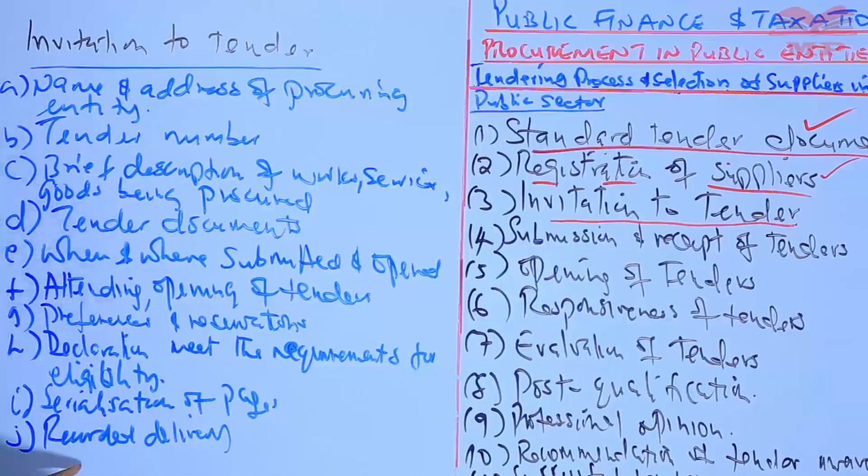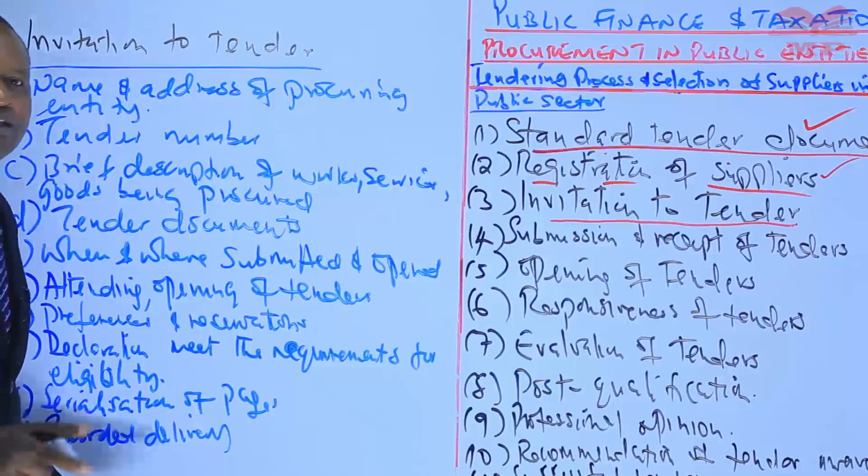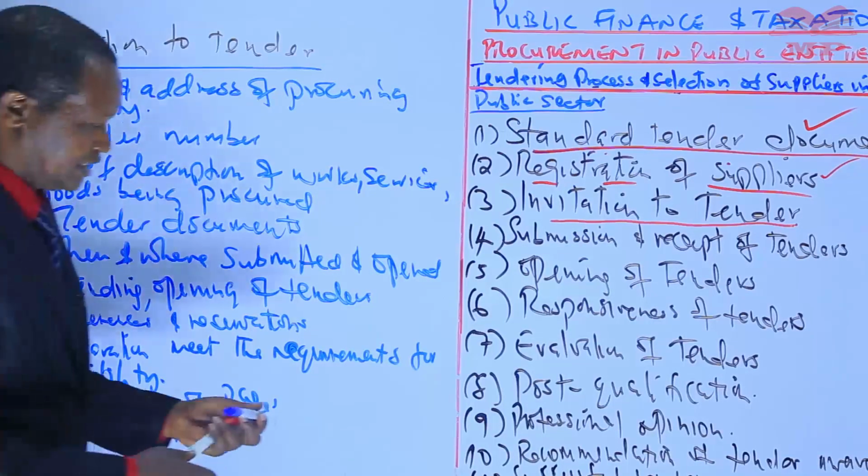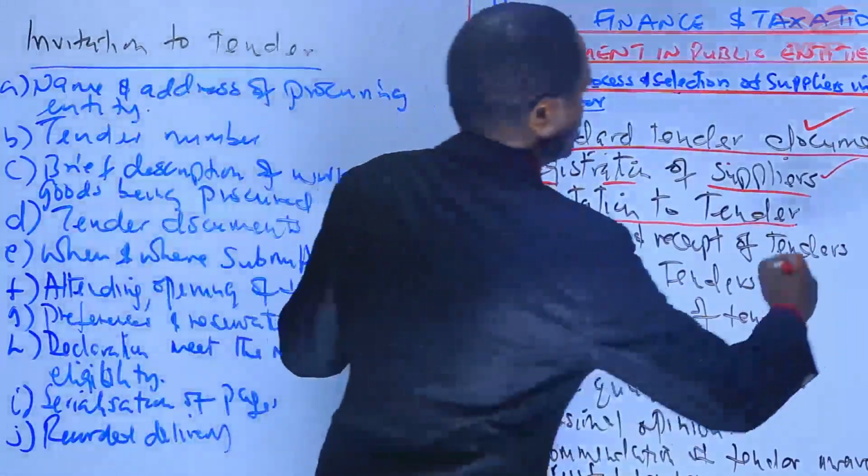And we've ended up with a point on recorded delivery. After all these have been done, the tender documents ought to be sent out to the eligible bidders through recorded delivery. So that is invitation to tender.